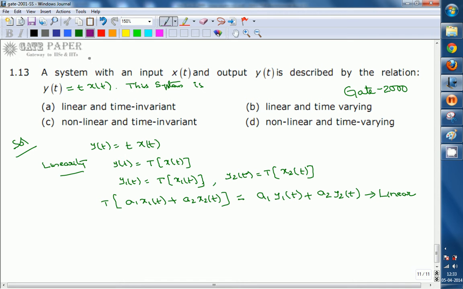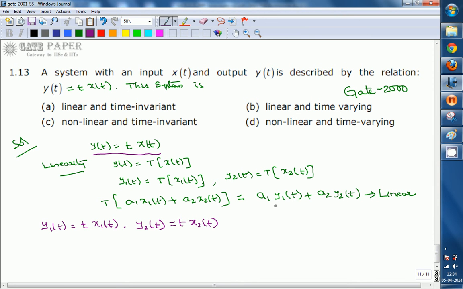In order to check this condition, let us consider the given system y(t) = t·x(t). First I am finding y1(t), that is t·x1(t), and y2(t) = t·x2(t).